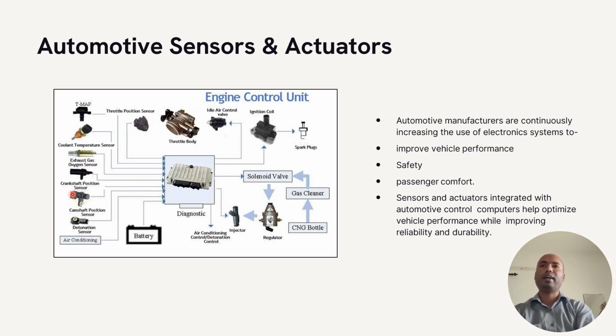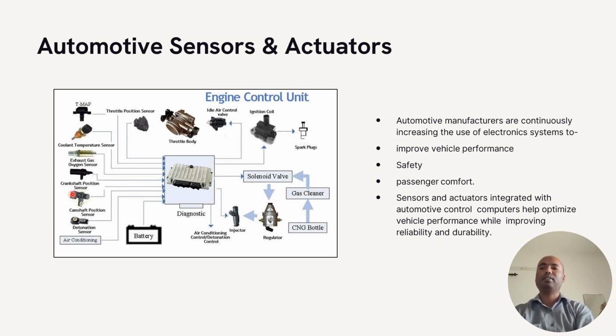The pressure sensor has different applications: fuel pressure sensor, oil pressure sensor, coolant pressure sensor, and so on. Temperature sensors include cabin temperature, outside atmosphere temperature, engine temperature, fuel temperature and coolant temperature.